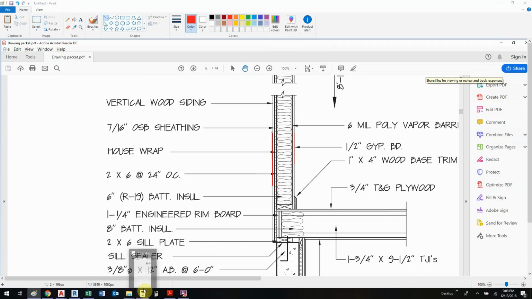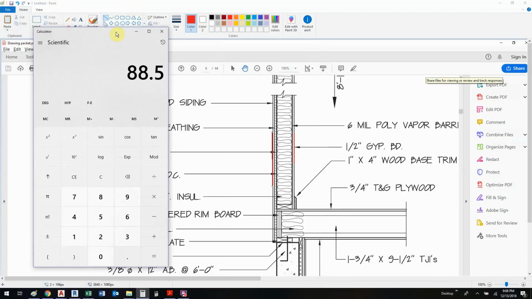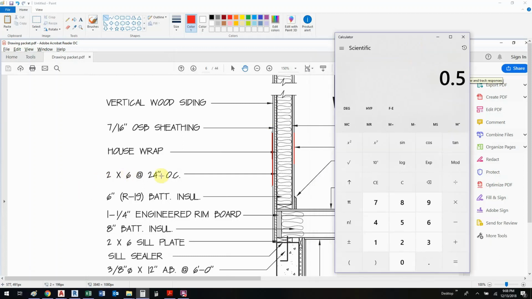Okay, so we'll start on the inside, clear it. We have a 1/2 inch of sheetrock, and then we have 2x6 studs at 24 inches on center, so that's plus 5.5. And we have a total of 6 inches so far. Then we have house wrap, which is paper thin. We have 7/16 OSB.